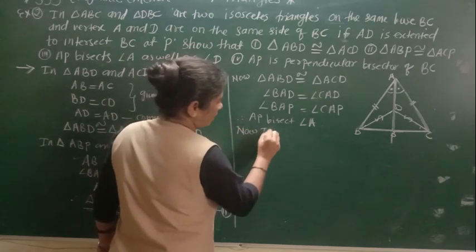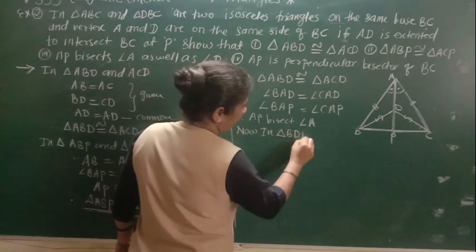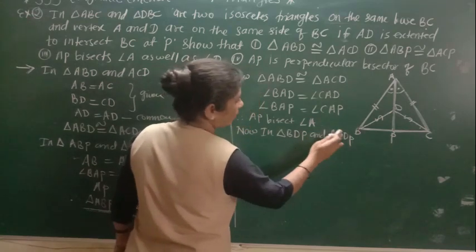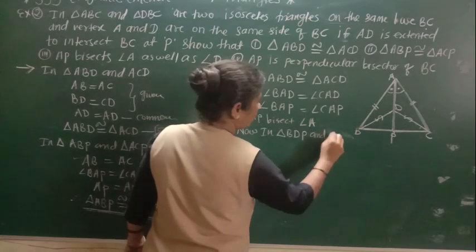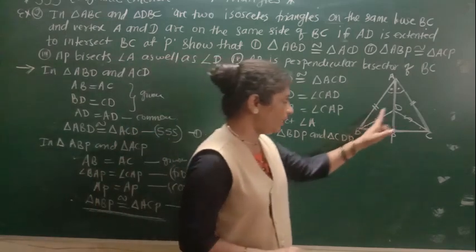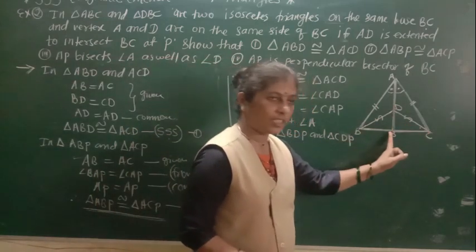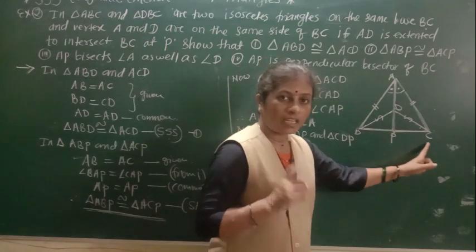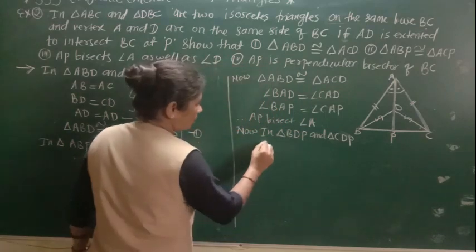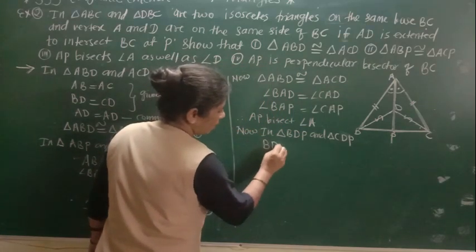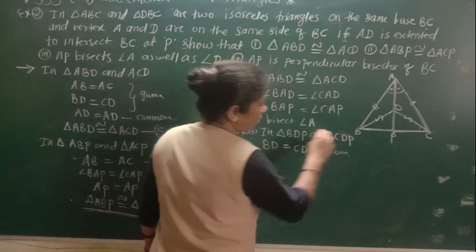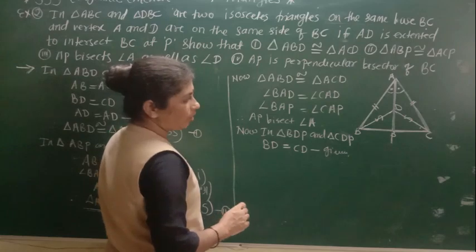Now in triangle BDP and triangle CDP, BDC is already an isosceles triangle, so BD equals CD, which is given, right? Then again what?